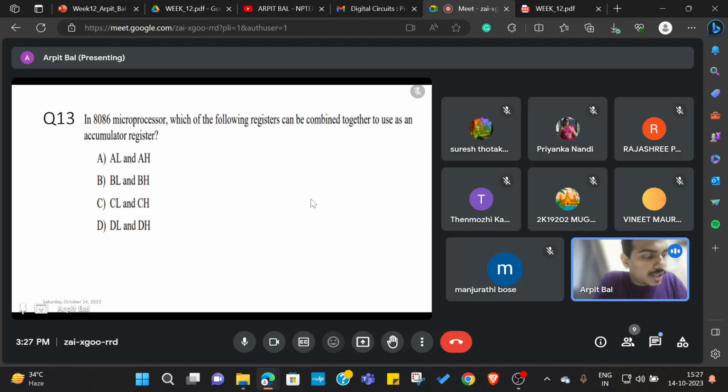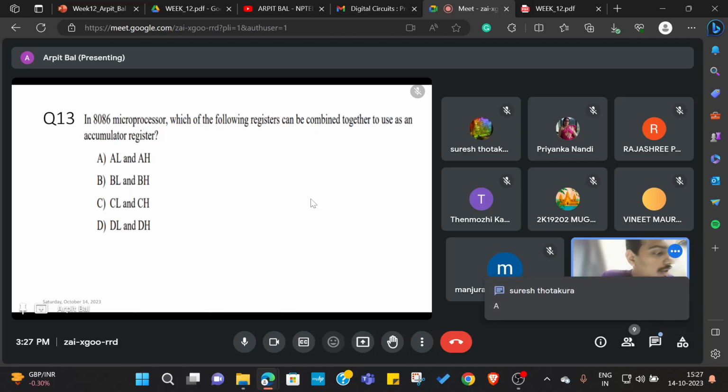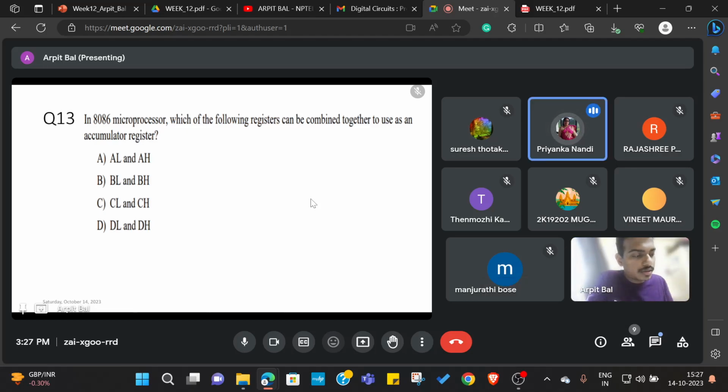Okay, this question is related to the 8086 microprocessor. Which of the following registers can be combined together to be used as an accumulator register? AL and AH.